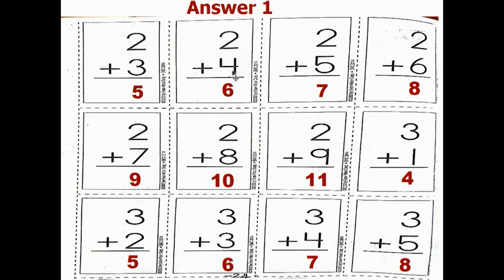Yes. And here it will be 6, 7, 8, 9, 10, 11. Here are the answers, and here 4, 5, 6, 7, 8. This is the correction. Take corrections. Right? Let's proceed to the next.